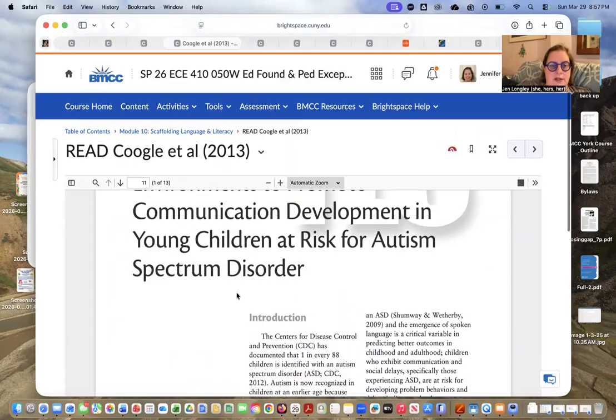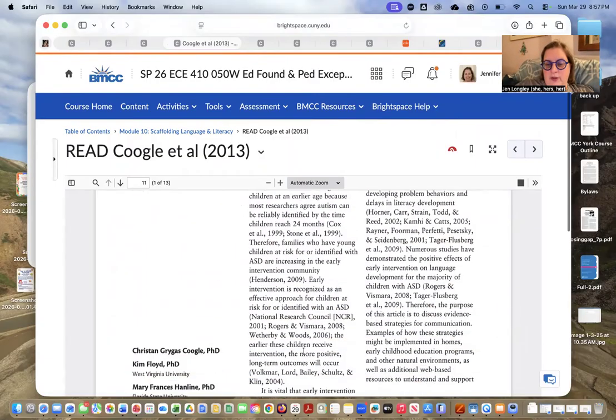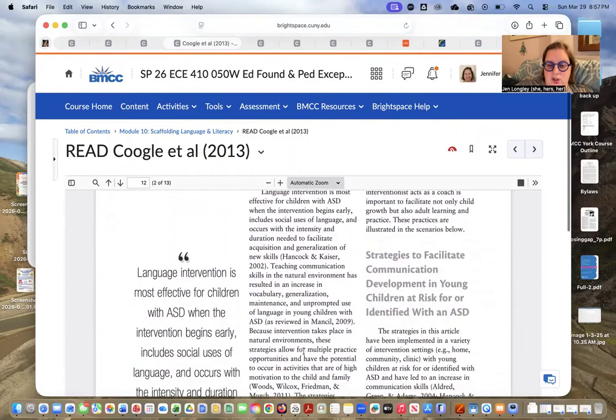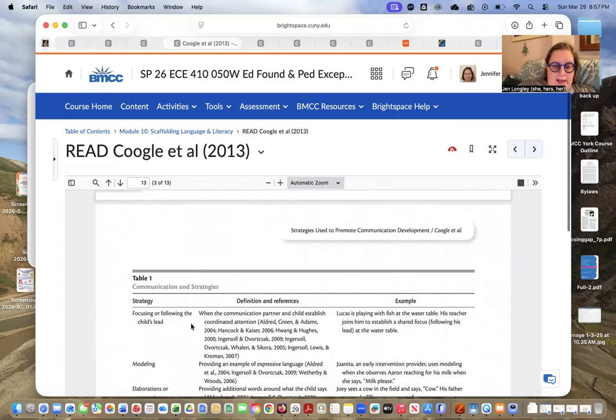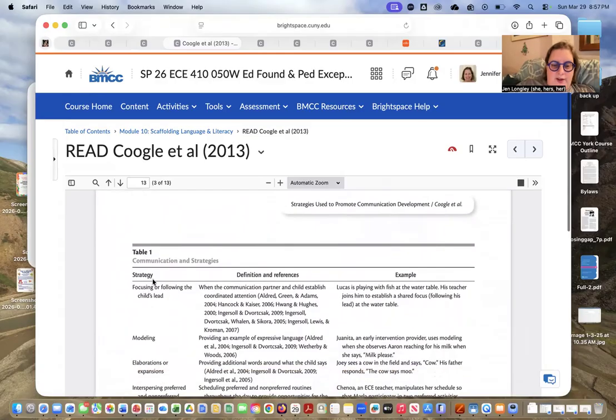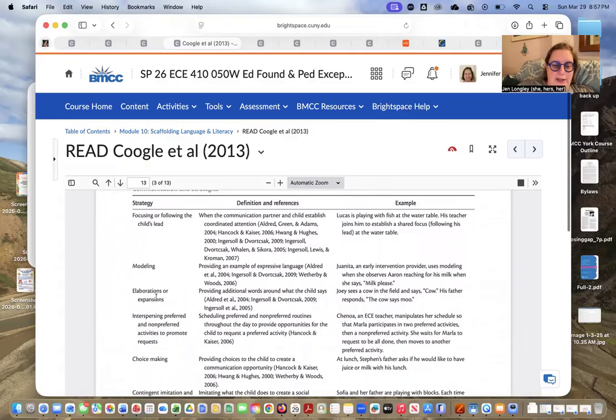And so here's a Google article. This article talks about children who are diagnosed or at risk for autism spectrum disorder. However, it has lots of strategies to use with all children, including focusing and following a child's lead, which is joint attention, social referencing, modeling, elaborations, or expansions.